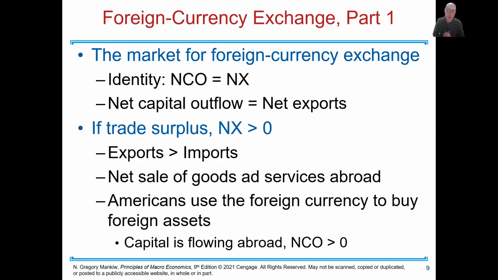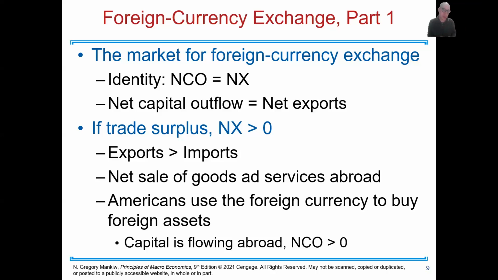Since we're talking about the open economy, we have to talk about foreign exchange currency. Foreign exchange currency, also known as foreign currency exchange, is the exchange of one currency for another.